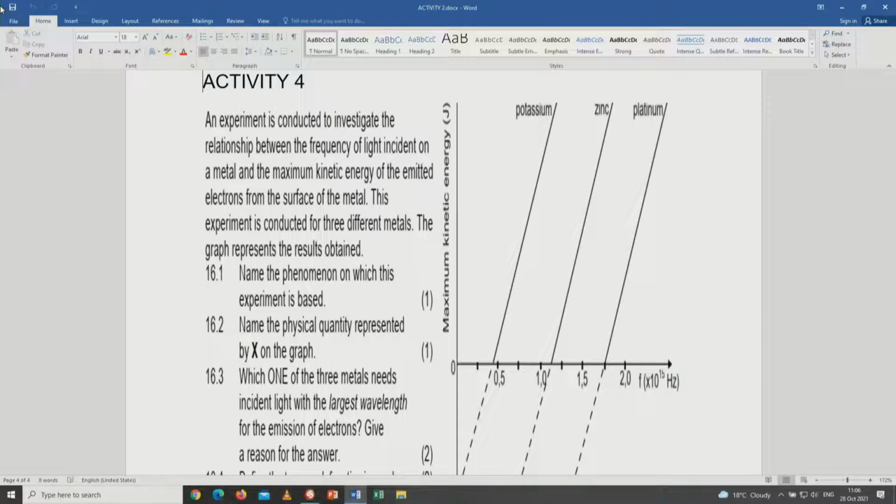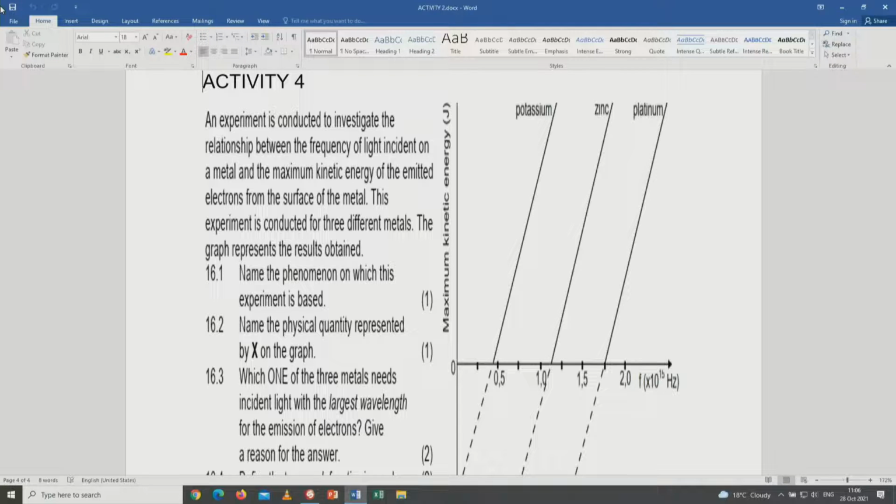That is what we expect, that whenever you use different metals, the work function and the frequency will be different for each metal. Then we are asked to answer the following questions.